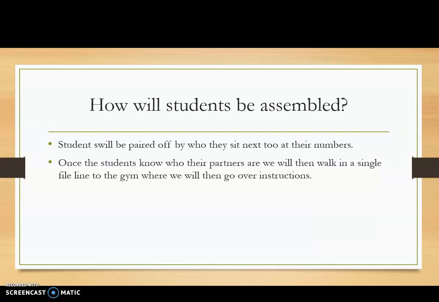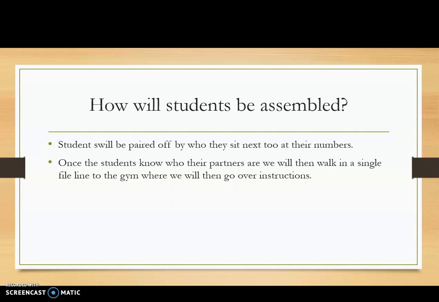How will students be assembled? Students will be paired off by who they sit next to at their numbers. So where they meet to get ready for PE, that's where they will be put into partners with whoever they are next to. Once the students know who their partners are, we will then walk in a single file line to the gym where we will then go over instructions.